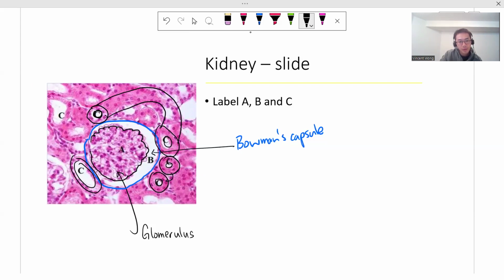And then you might have another tube here. So these are actually like all twisted up, coming out of the page, going back in. But because you're cutting it, that's why you only see a circle, right? And these, because it's so close to the glomerulus, those are actually the proximal tubule. Okay, proximal tubule.